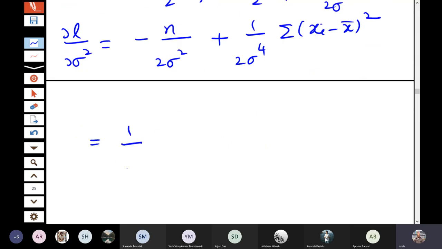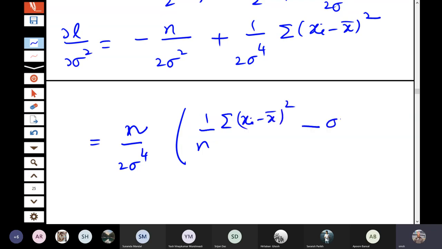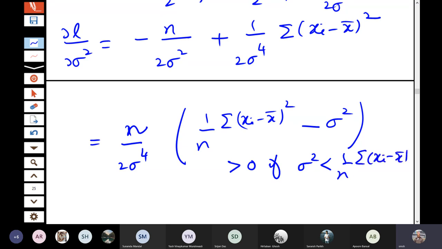This can be written as 1 by 2 sigma to the power 4 times 1 by n sigma xi minus x bar square minus sigma square. So this is positive if sigma square is less than 1 by n sigma xi minus x bar square, and less than 0 if sigma square is greater than 1 by n sigma xi minus x bar square.